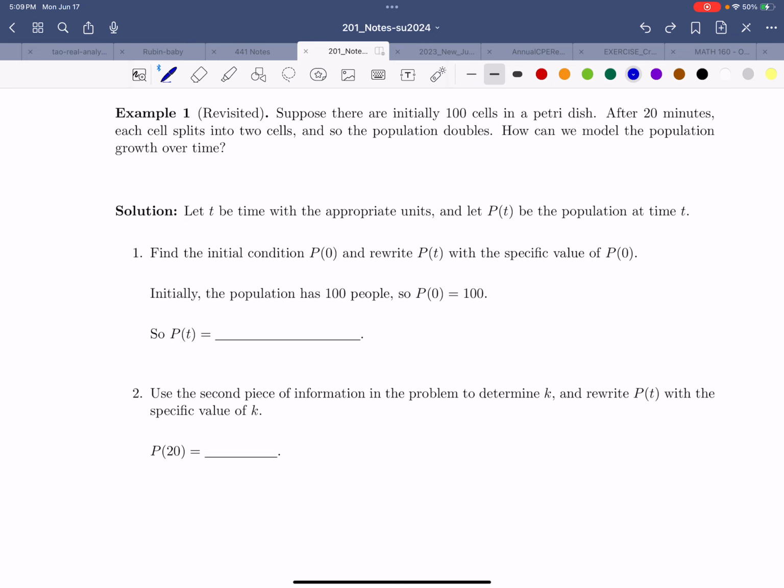So what we do is we say, let t equal the number, we always want to look at the units. So if we're talking about minutes here, then we always want to say let t equal the number of minutes after observing 100 cells.